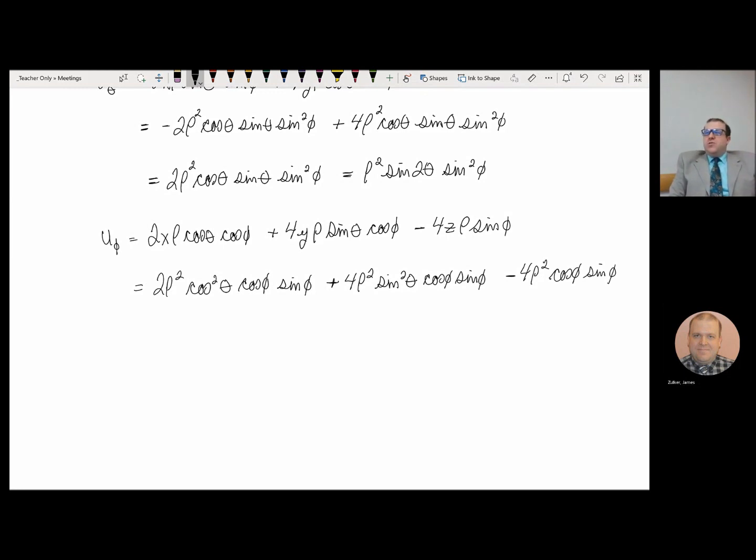Then replace x with rho cosine theta sine phi, y with rho sine theta sine phi, and z with rho cosine phi. This can be simplified.